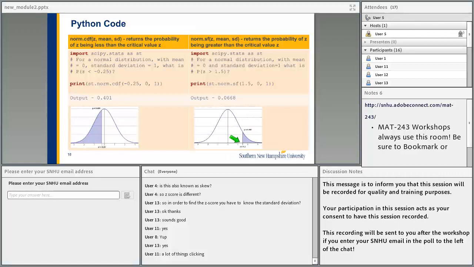And when I'm trying to find the probability of getting a value greater than this value, I'm looking at the shaded portion in my graph, which is the purple shaded portion. We have to find the area of that portion, and that will be the probability of getting a value greater than 1.5.